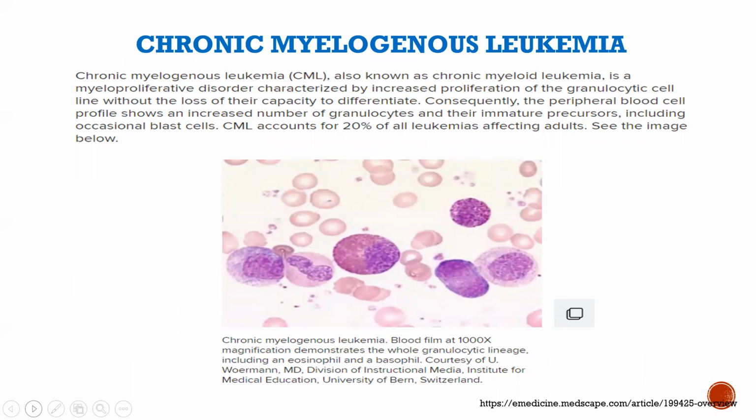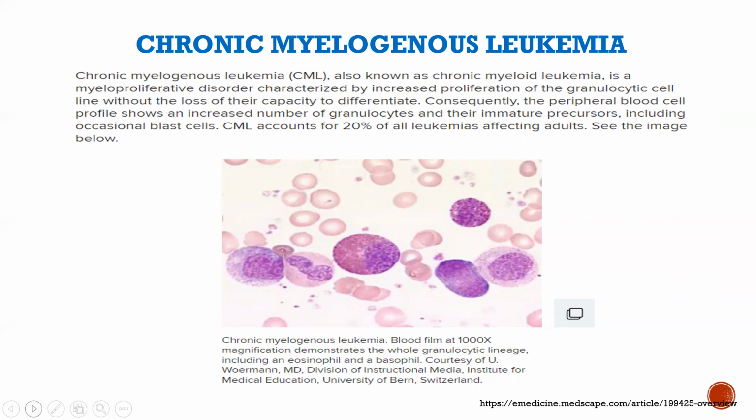So another type of leukemia we'll talk about in this lecture is chronic myelogenous leukemia, also known as chronic myeloid leukemia. It is a myeloproliferative disorder characterized by increased proliferation of the granulocytic cell line without the loss of their capacity to differentiate.